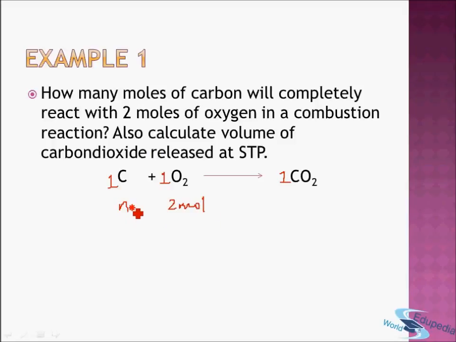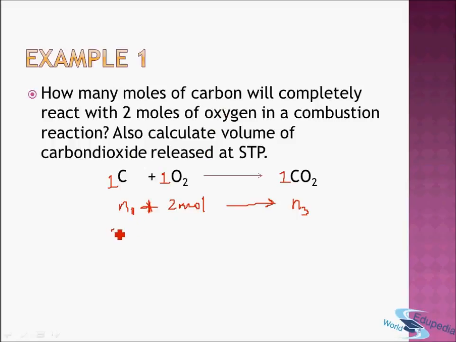Let's say I used N1 moles of carbon, and N3 moles of CO2, that is the product, were formed upon complete reaction. So what I have to calculate is the moles of carbon which will react completely, that is, the value of N1.